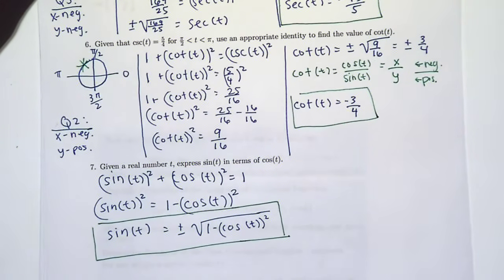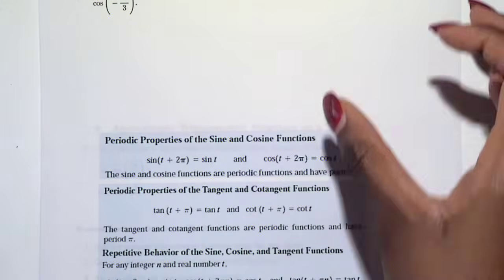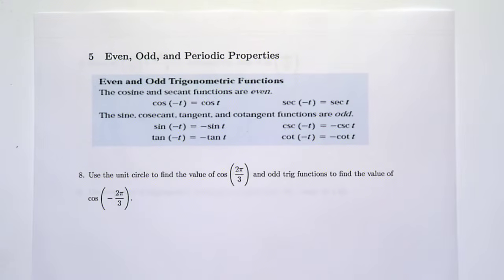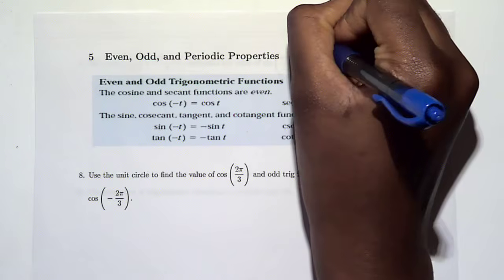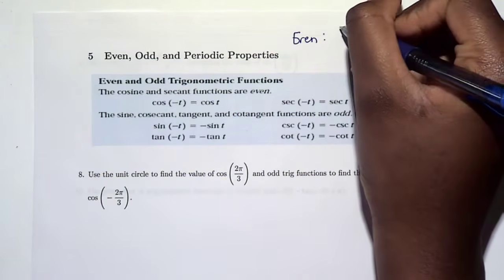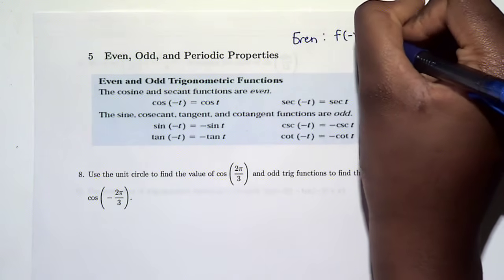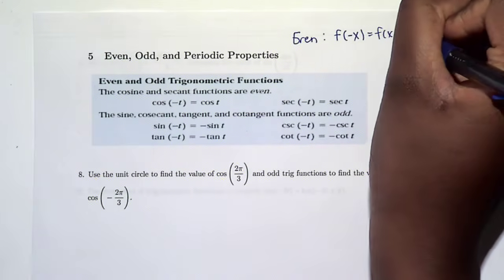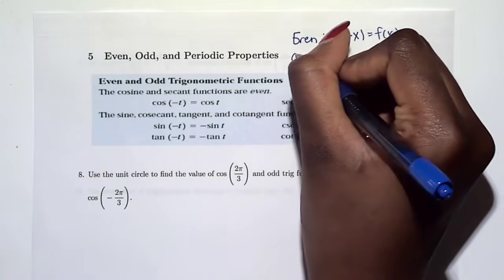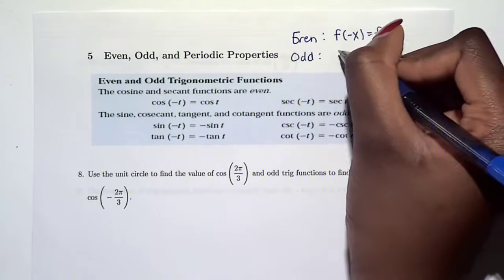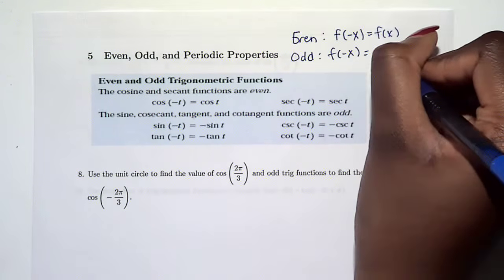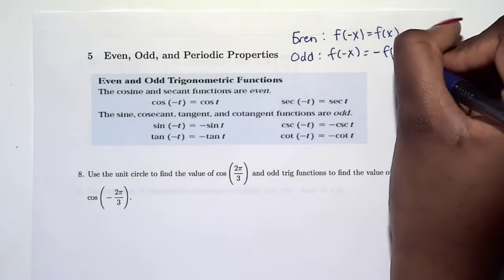All right, now let's move on to a topic we've learned before: even and odd functions. We remember this, right? A function is even if f of negative x is the same as the function, and it's odd if f of negative x is the same as the negative of the function.